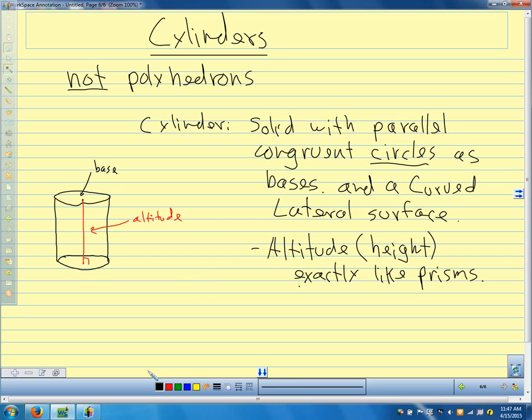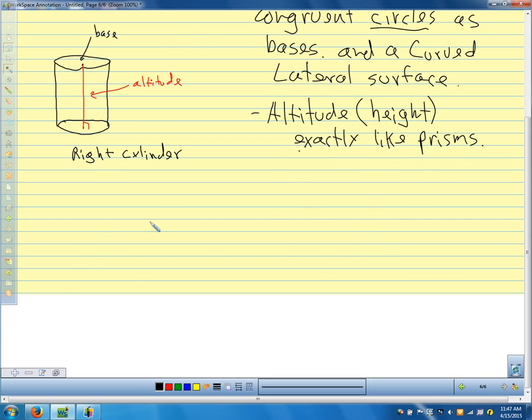And a right cylinder means the sides and the bases make a 90-degree angle. So what I drew here would be a right cylinder. And an oblique cylinder just means it's slanted. So here is an oblique cylinder.